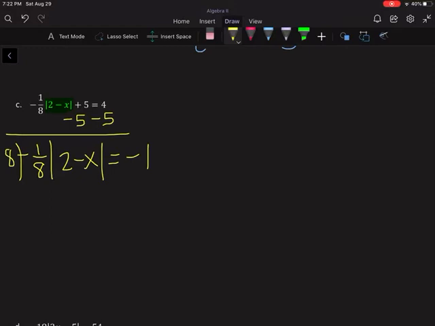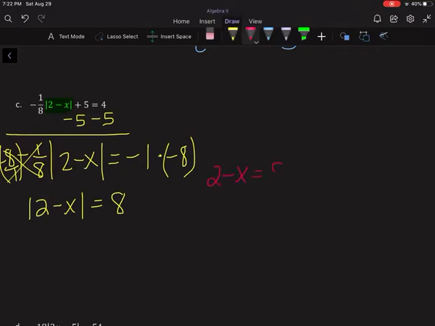And I'd multiply both sides by a negative 8, because that's an 8 over 1, right? That cancels. So I have the absolute value of 2 minus x is equal to positive 8. And then we set it equal to positive, set it equal to negative, and solve.